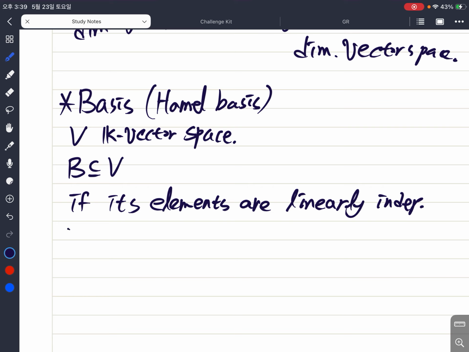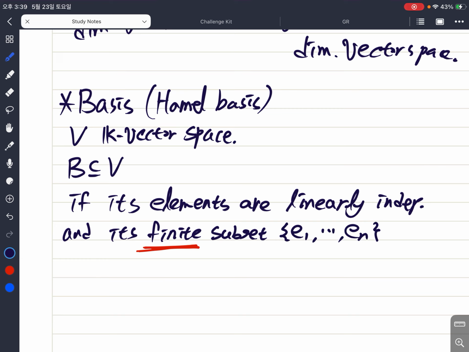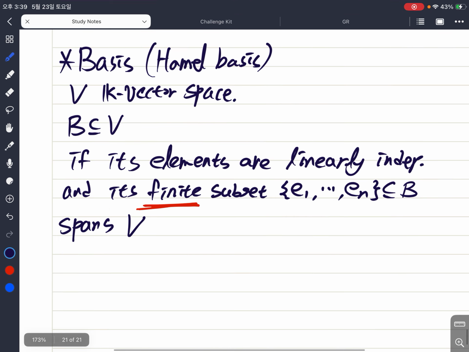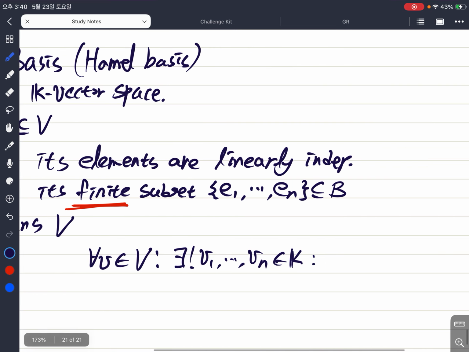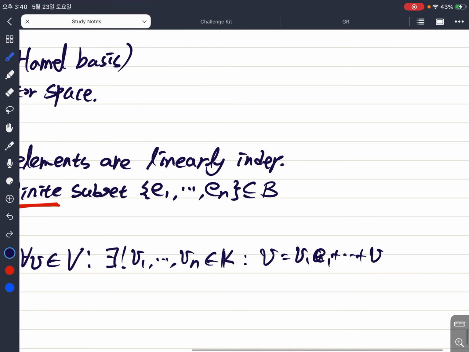and each finite subset, the important thing is that it is a finite subset, let us write e_1 to e_n in B, spans V. So for v in V, there exists a unique set of numbers v_1 to v_n such that v is v_1 e_1 plus up to v_n e_n.